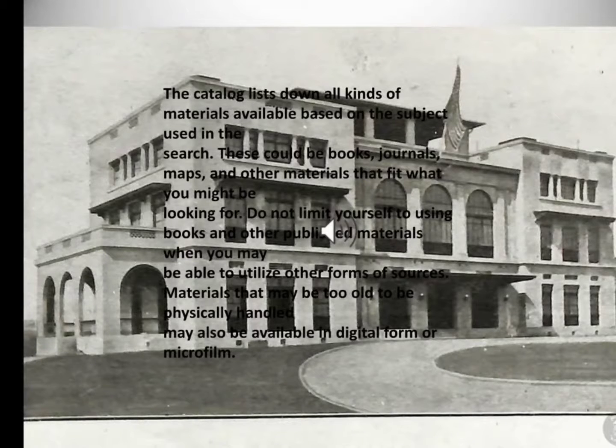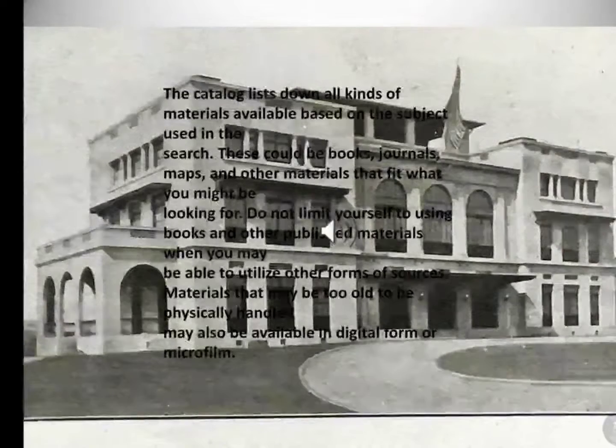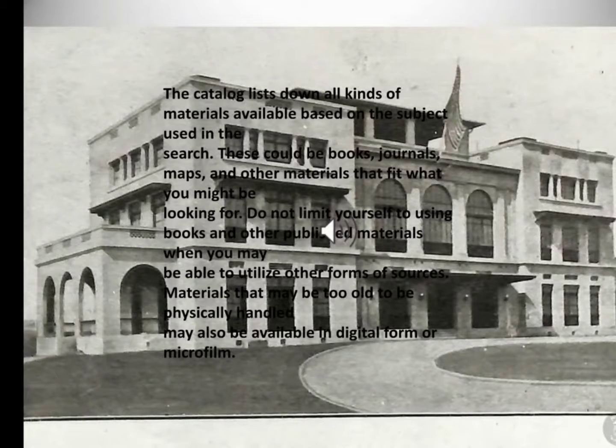So, many catalogs now list all kinds of materials that we use in research, like books, journals, maps, and even newspapers. In addition, since many sources are now available, it is very important not to limit ourselves to using books and other published materials, especially if we are doing research, because the more complete information we present, the more it becomes true.